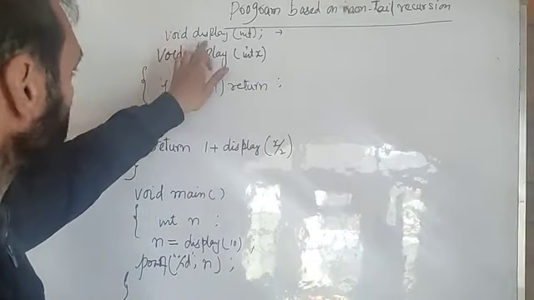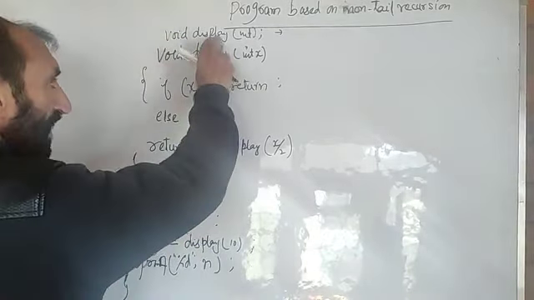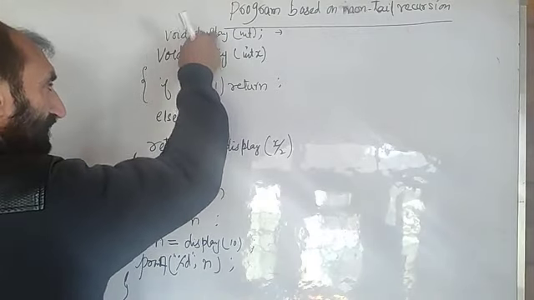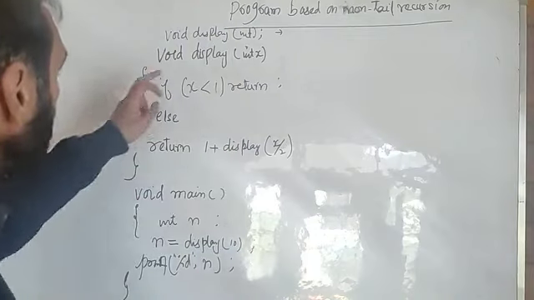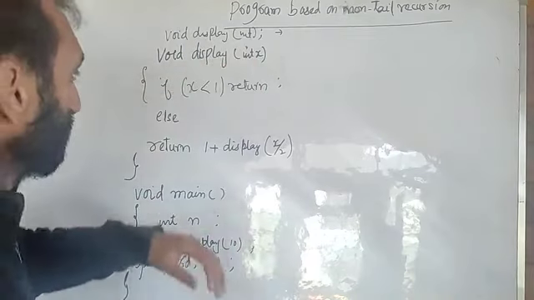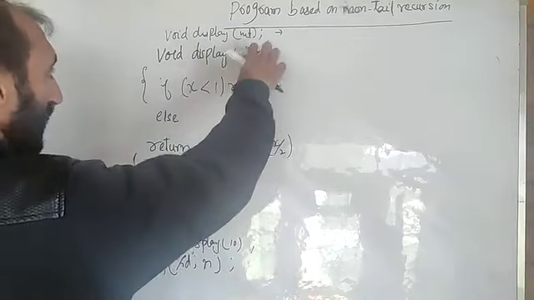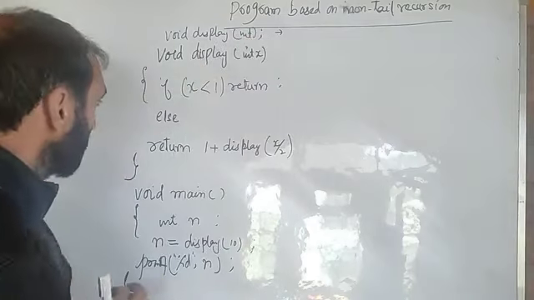The prototype of the function is that the name of the function is display and it is returning nothing. The display function is returning nothing, and the parameter that it is going to pass is integer type.